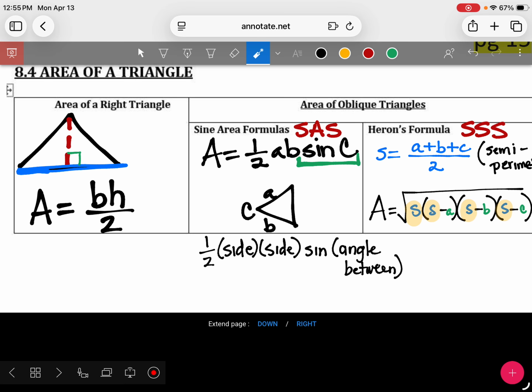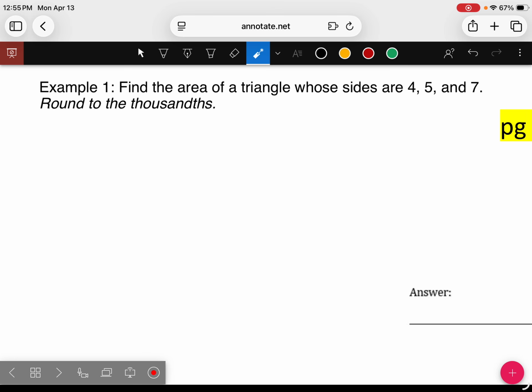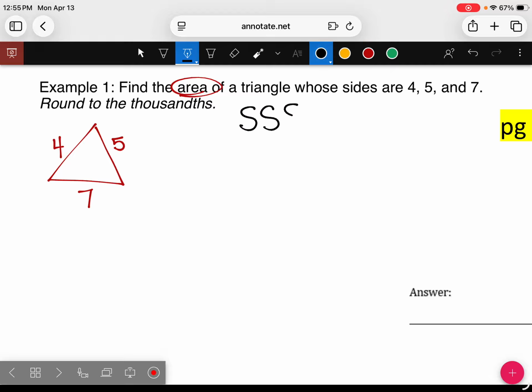All right, so let's look at example 1. We have to find the area. And I have a triangle. One side is 4, one side is 5, one side is 7. So we have a triangle where we know all 3 sides. So the first thing you need to do is find the semi-perimeter.